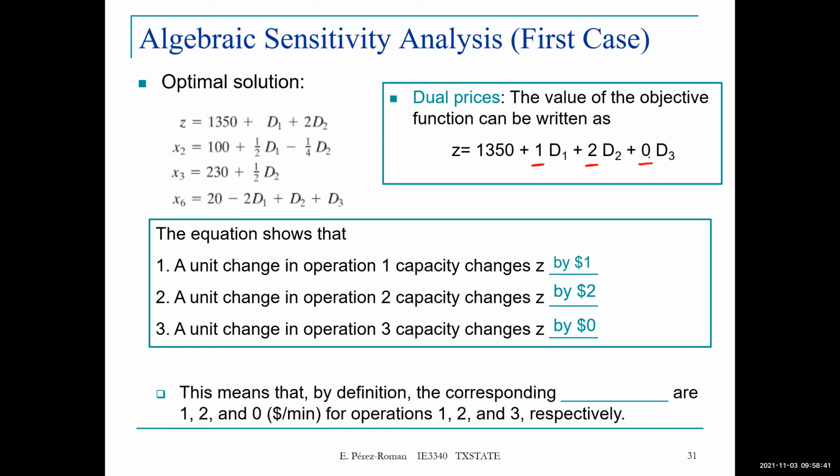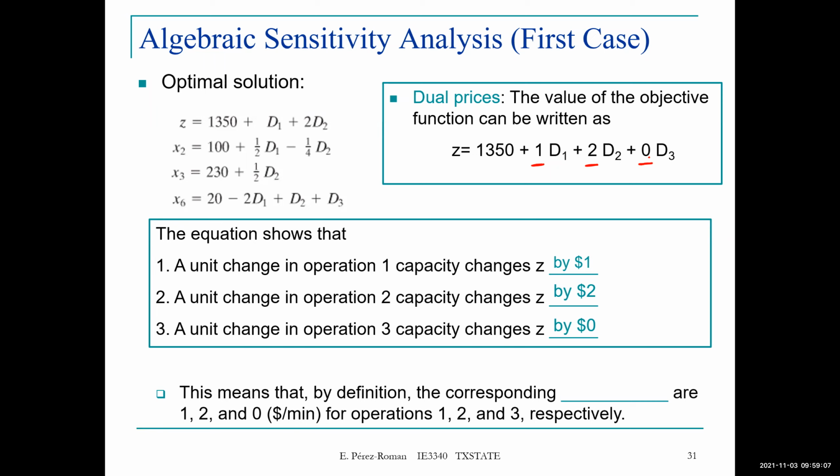Okay, so this information is really important because it's telling you, if you increase the capacity of one of these 3 operations, how much additional profit you can gain with an additional unit of each one of these operations.